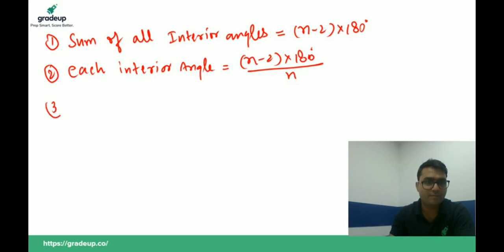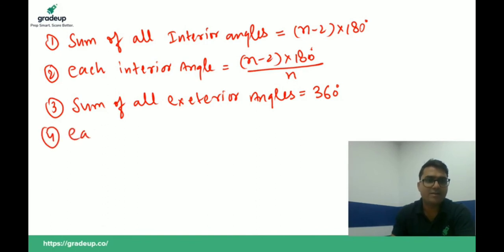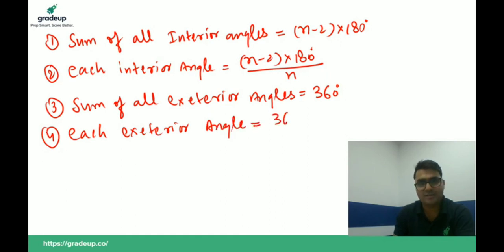Number 3, sum of all exterior angles is 360 degrees, and each exterior angle will be equal to 360 by n. And interior plus exterior is 180 degrees.